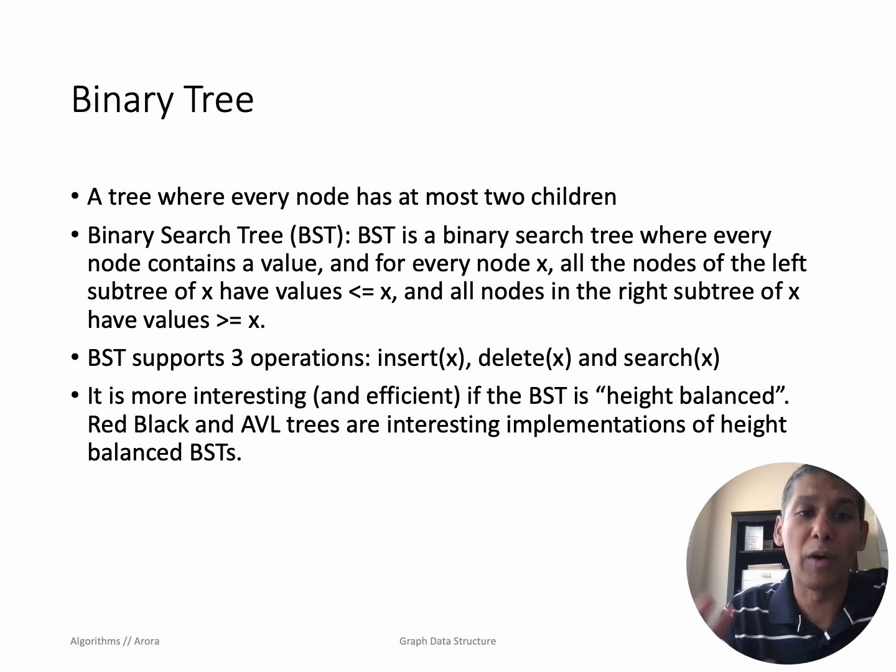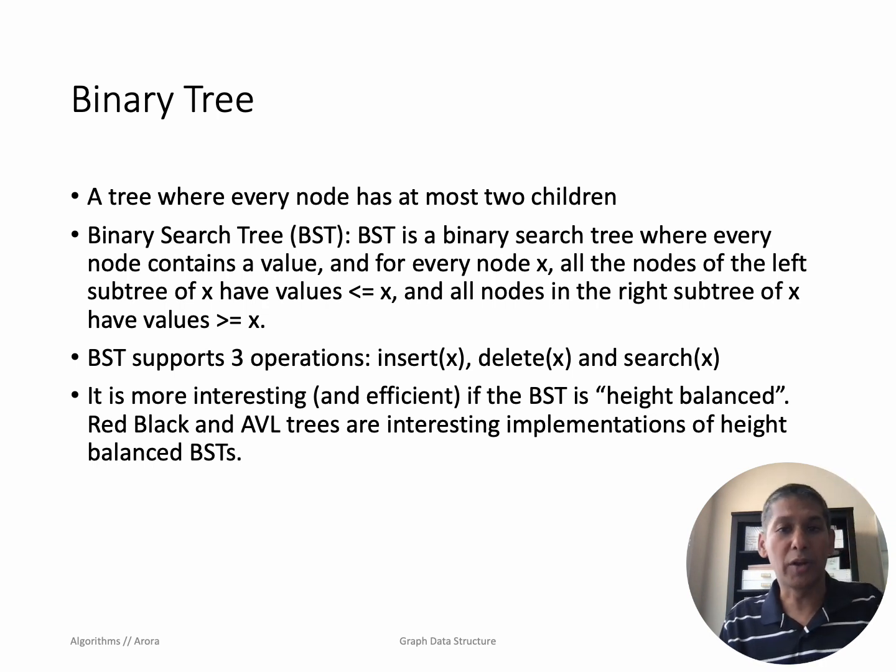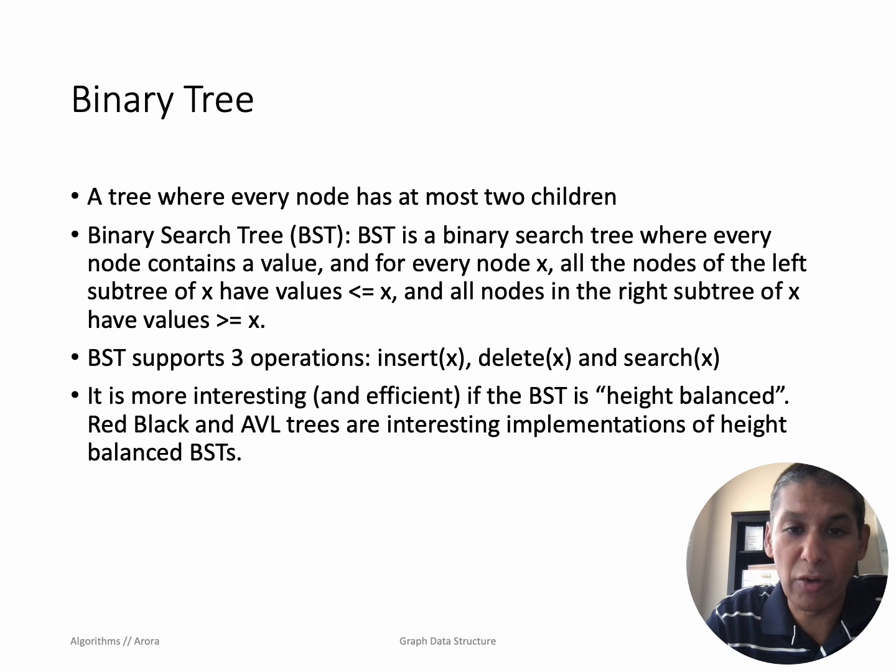But from an overall data structure perspective, this should give you a very brief overview of what graphs are, what trees are, and how to use them. These data structures play a very central role in the study of algorithms, and they come up often. So it's useful to review this material every once in a while.